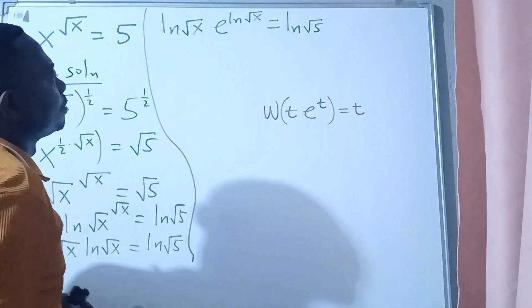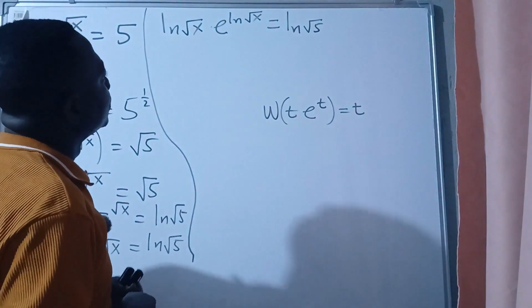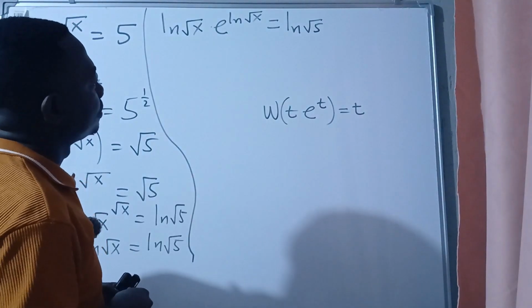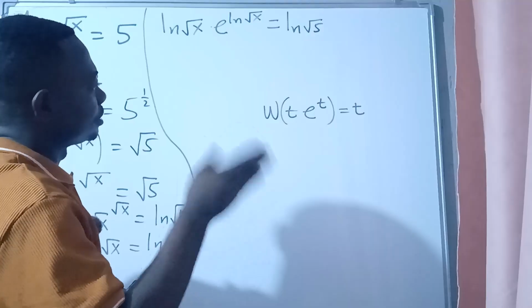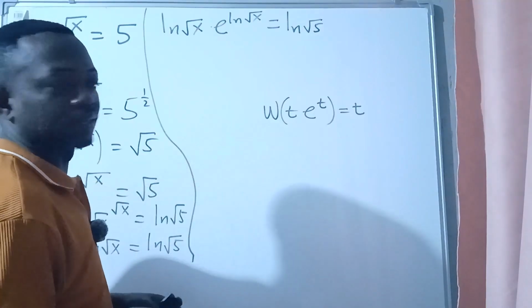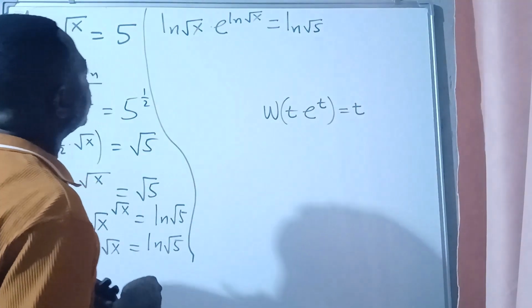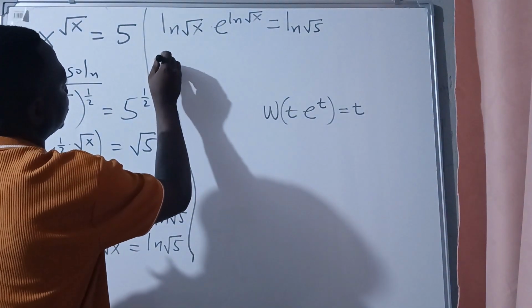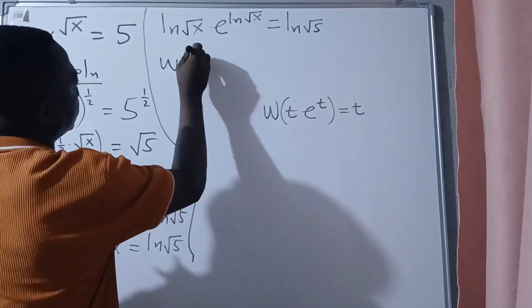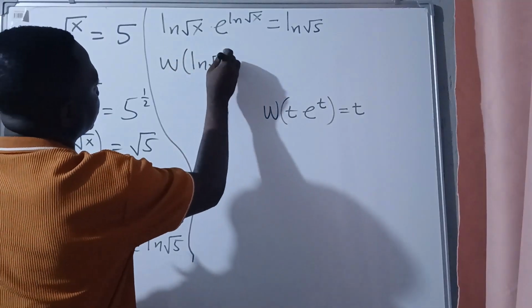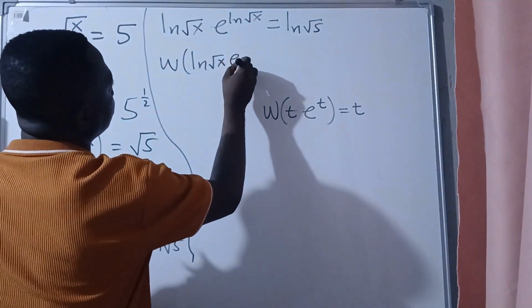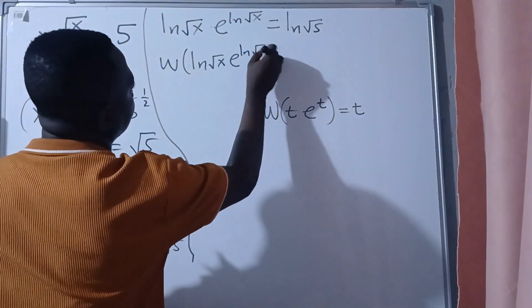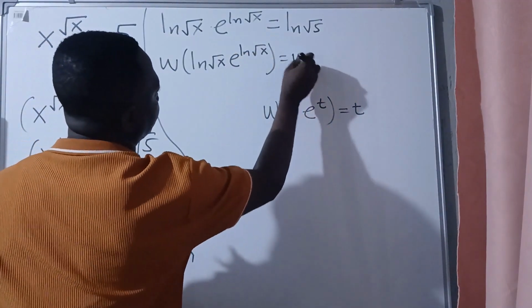So we have the path now. The road is now straight for us to take the W function. So let's take the W function of this times e to the ln of square root of x.